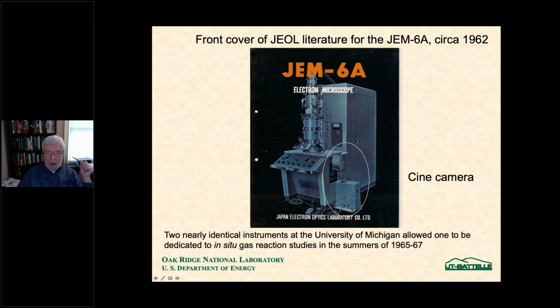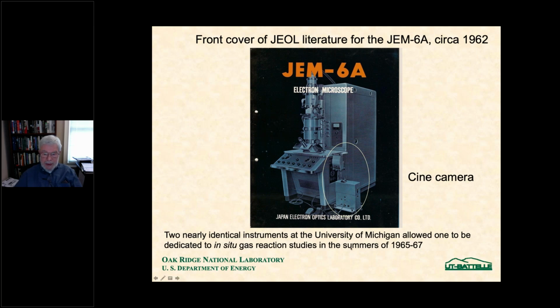And this is one that was installed in 1962 that had a cine camera. The microscope, with all the attachments, including the cine camera, cost $37,000. Big bucks in 1962. And the purpose of this was to be able to conduct in situ studies eventually.